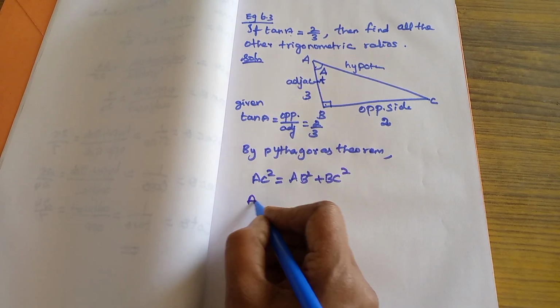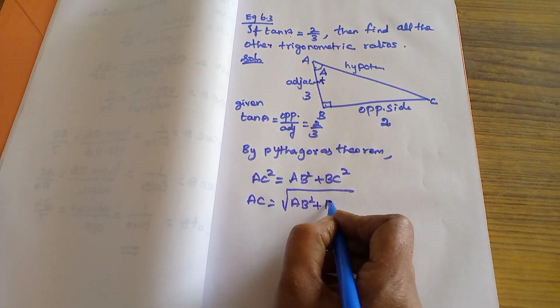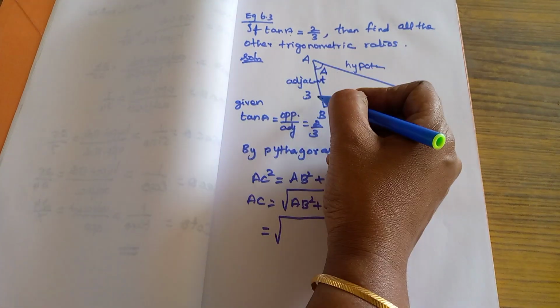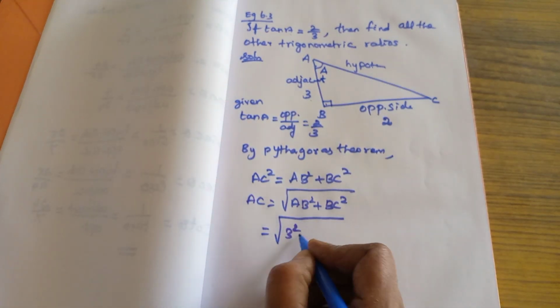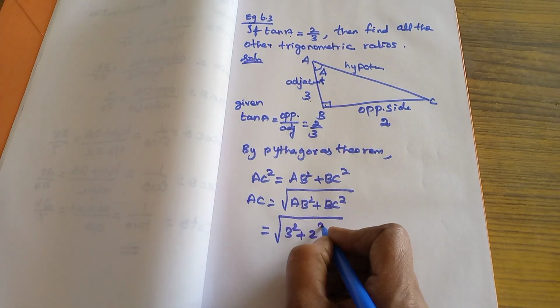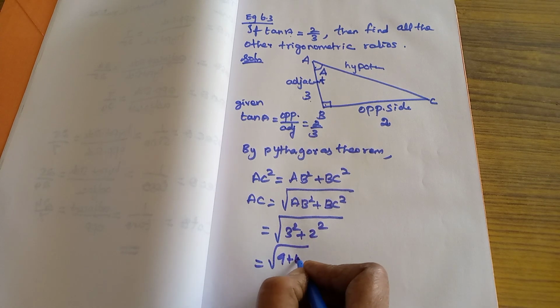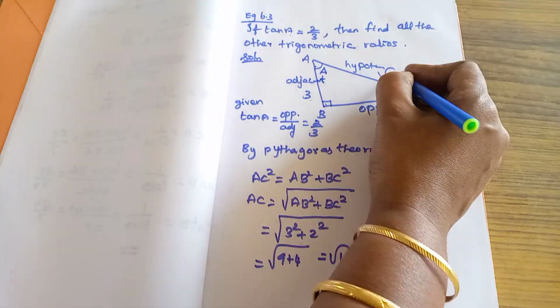AC equals the square root of AB square plus BC square. AB is 3, so 3 square, plus BC is 2, so 2 square, which is the square root of 9 plus 4, equal to root of 13. Now AC equals root of 13.